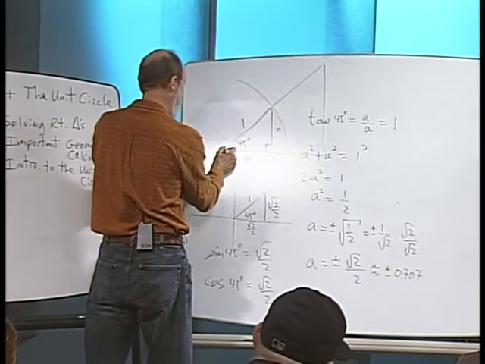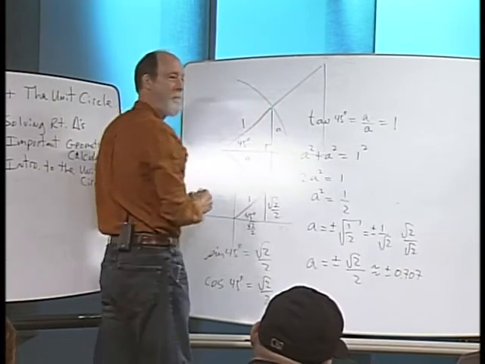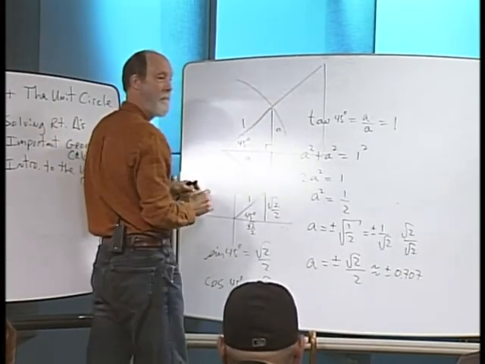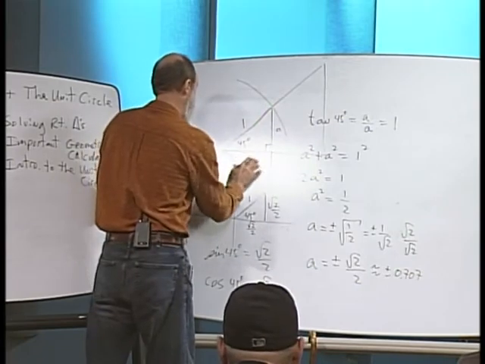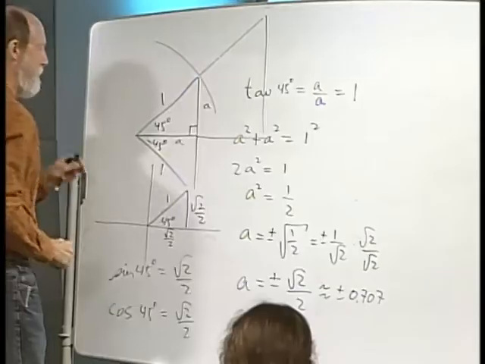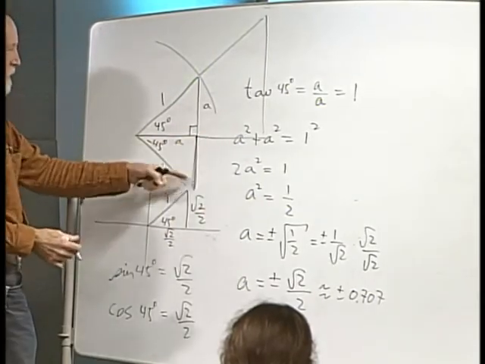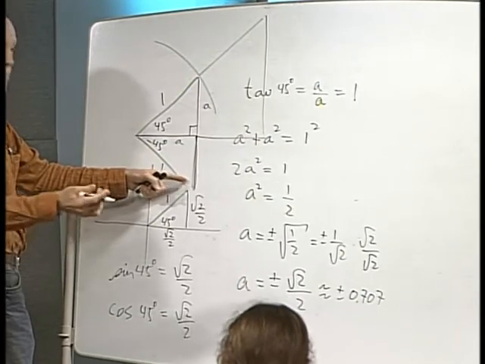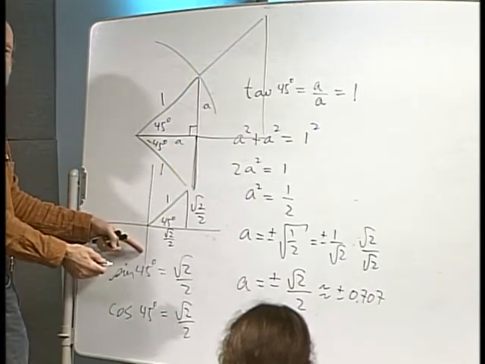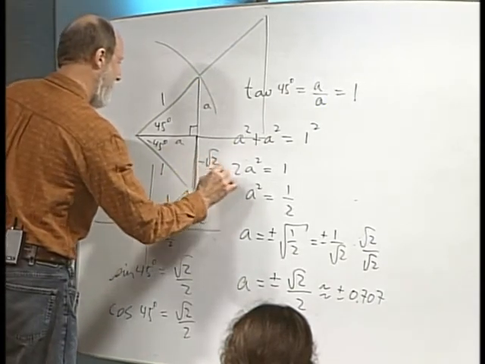Wouldn't that be sitting right down here, like that, with the hypotenuse still a 1? What's this length right here? Isn't it negative if we're thinking of x and y values? Negative square root of 2 over 2.